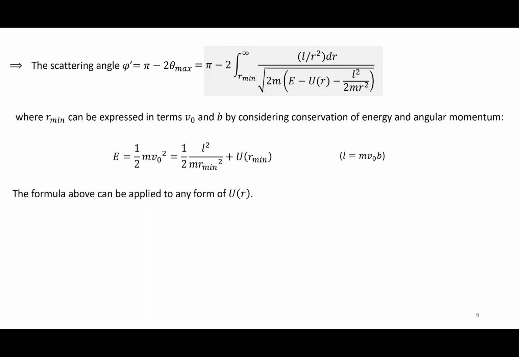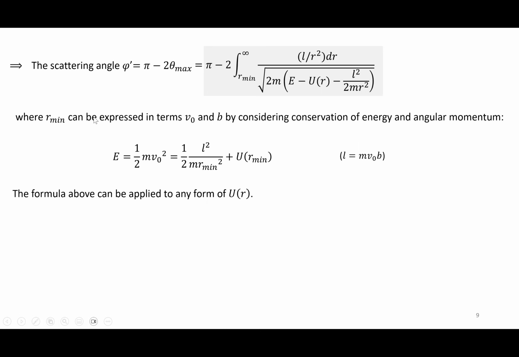Now r min is also a number that we need to figure out. But r min can be expressed in terms of the initial velocity v0 and the impact parameter b, by considering the conservation of energy and angular momentum.